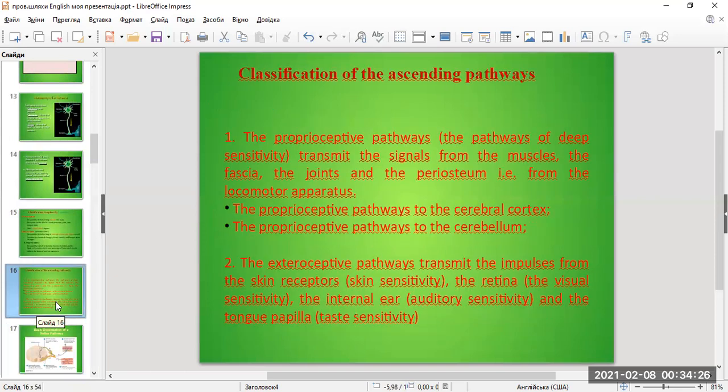Classification of the ascending pathways. The proprioceptive pathway, the pathway of deep sensitivity, transmits the signals from the muscles, the fascia, the joints, and the periosteum of the locomotor apparatus.